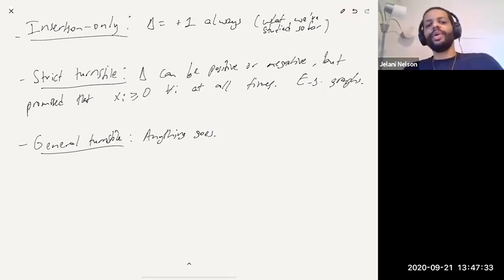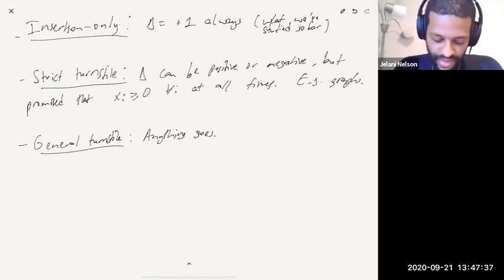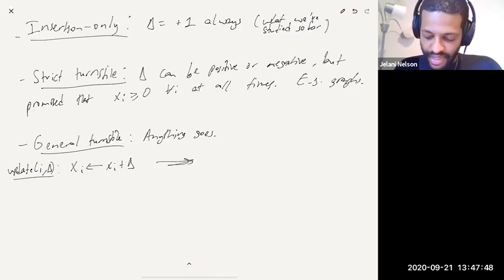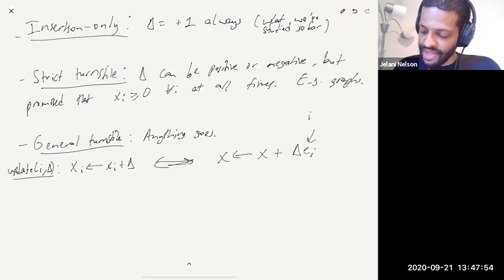And where does linear sketching fit into this? Notice that saying that I have the update xi gets to xi plus delta, this is the update (i, delta) in the turnstile model. That's the same thing as saying x gets x plus delta times ei, where this is the ith standard basis vector.